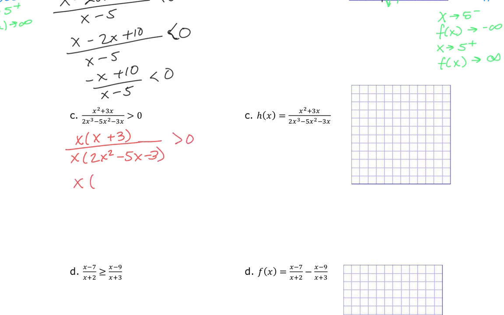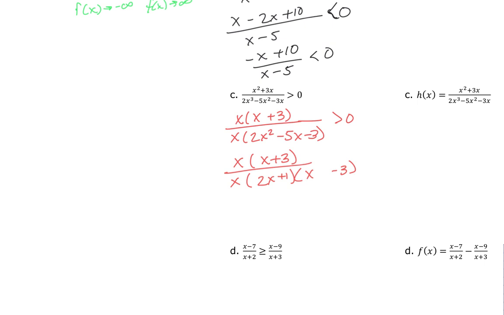Don't cancel stuff out yet, because remember, if we cancel too soon, we will lose our removable discontinuity or hole in the graph, and we will have an issue with domains. So this continues to factor into 2x, x, this is going to be negative 3, this is positive 1.